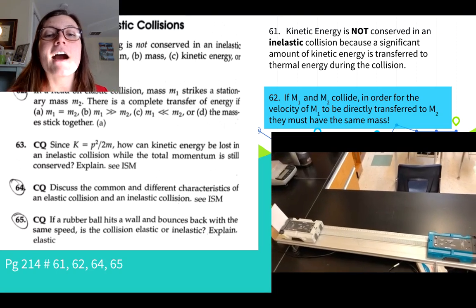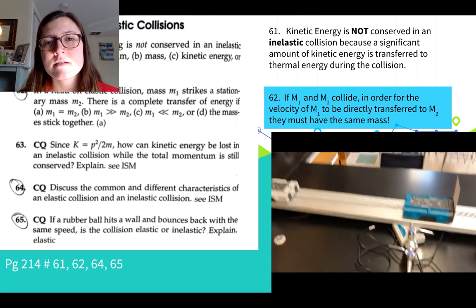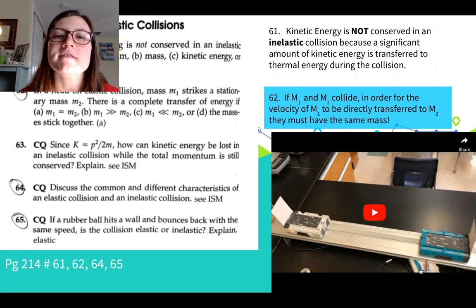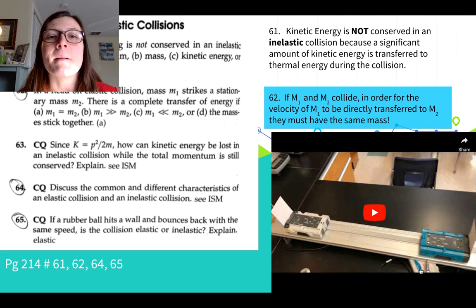okay, because they have the same mass, the momentum is completely transferred, right? Because they have the same mass, they have almost the same velocity. So in order for the amount of kinetic energy to be directly transferred, they must have the same mass in order to gain equivalent velocities before versus after, right?